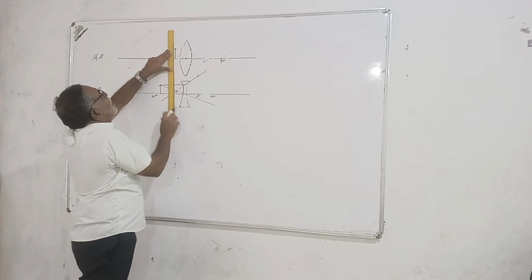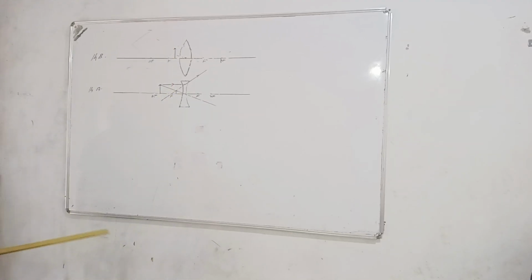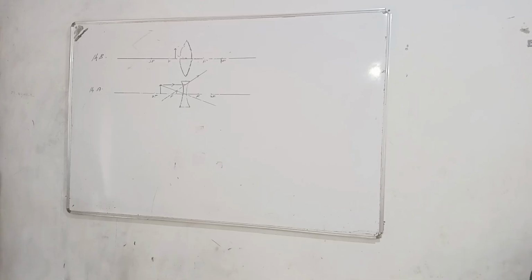In a convex lens, to get an enlarged erect, magnified image, the object must be between F and lens.